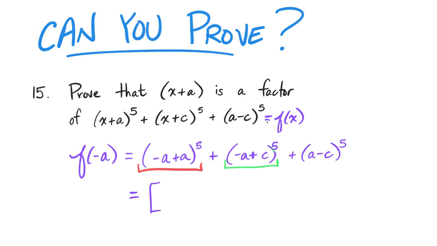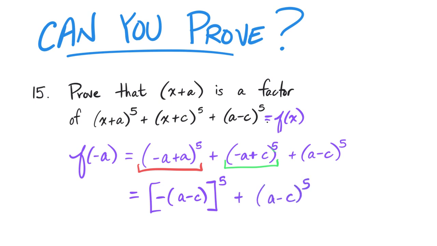I'm just going to put a big square bracket because I'm now going to have brackets within my brackets. My big square bracket keeps my exponent 5, but on the inside, I'm going to factor out a negative 1 from both of those terms. All I've done is factor inside the base. I still have the other power, a minus c to the fifth.